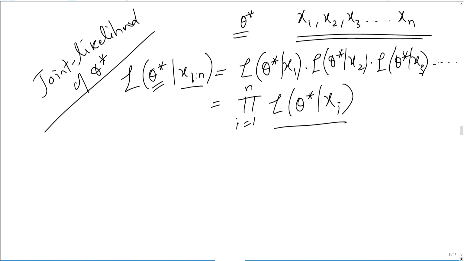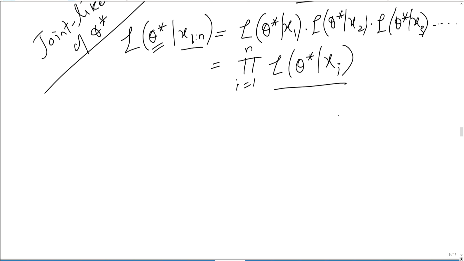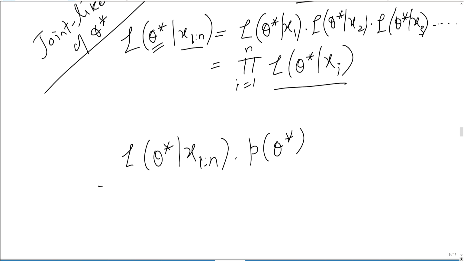The point is that you are actually interested in the ratio of the joint likelihood times the prior density of theta star, and the joint likelihood times the prior density of the current state of the chain.